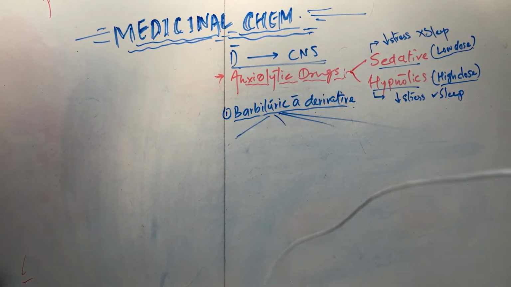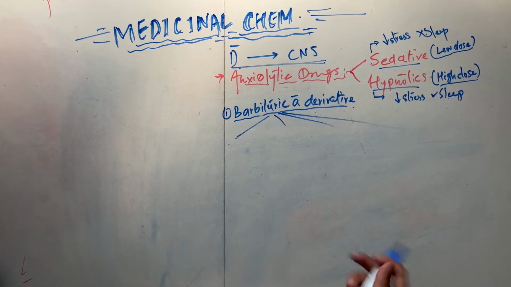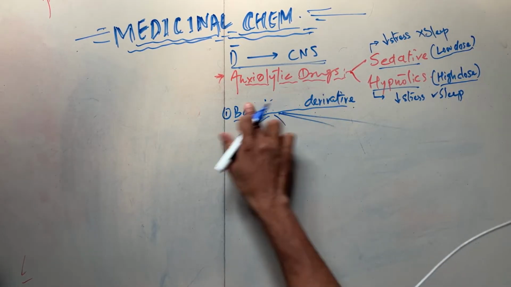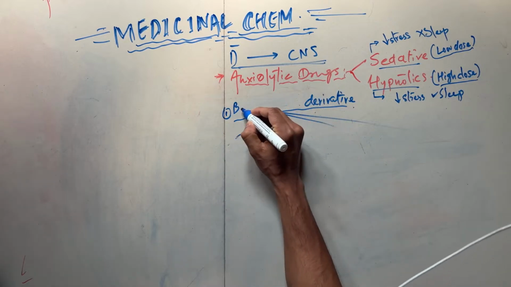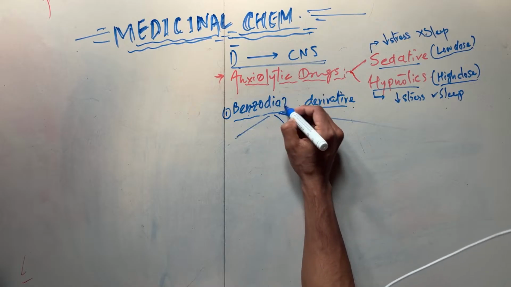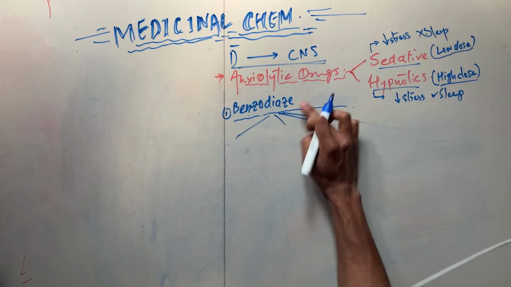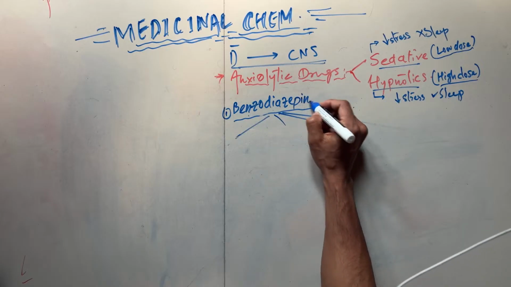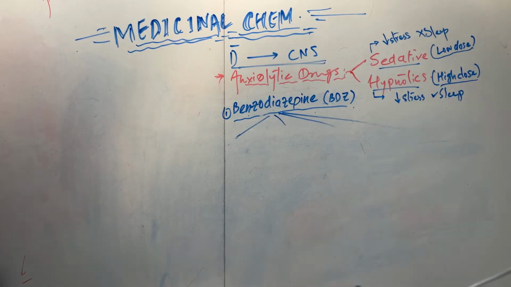So now it is not barbituric acid derivative, now it is benzodiazepine and its derivatives. Benzodiazepine is also denoted as BDZ. Okay, it is also having 4 classes.